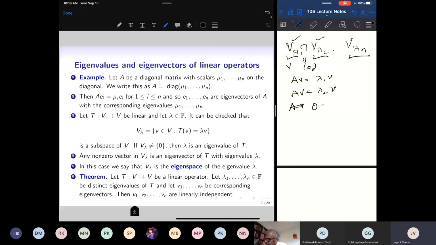The left-hand side becomes 0, the right-hand side becomes (lambda 1 minus lambda 2) times v, but v is a non-zero vector, and lambda 1 minus lambda 2 is non-zero. A non-zero vector times a non-zero scalar cannot be the 0 vector. So therefore, v has to be 0. So any two eigenspaces, V lambda 1 and V lambda 2, intersect only in the 0 vector.